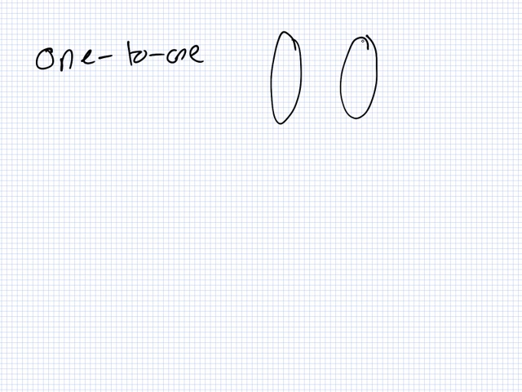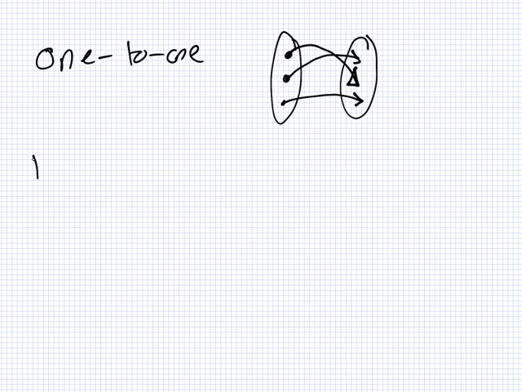So the nicest mapping we can have is what's called a 1 to 1 mapping. This mapping takes one value in the domain and gives you only one value in the codomain. In other words, nobody shares a value. Everyone gets their own value.